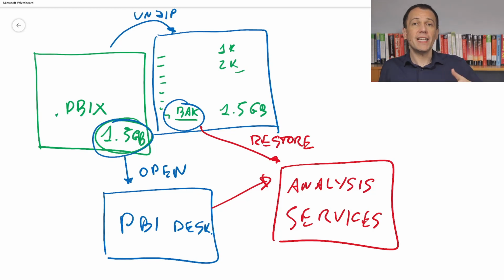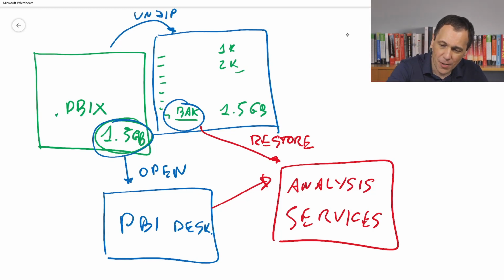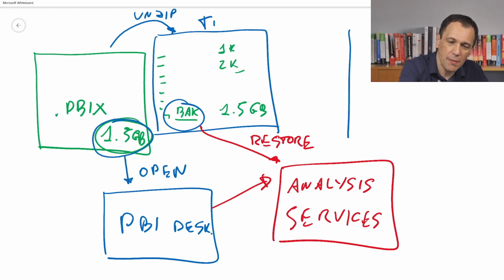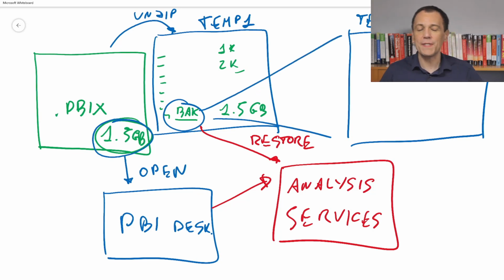This backup file is like another zip file that has to be expanded in a temporary folder. So once again, we have another folder. So let's say that this was temp 1. Now we have temp 2, which has just this file uncompressed.